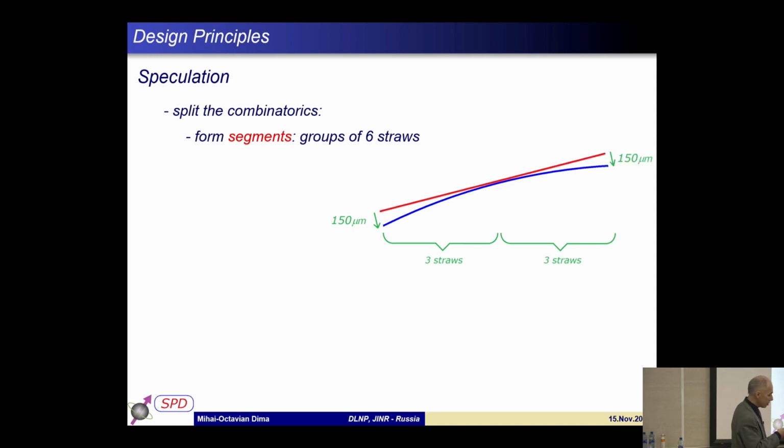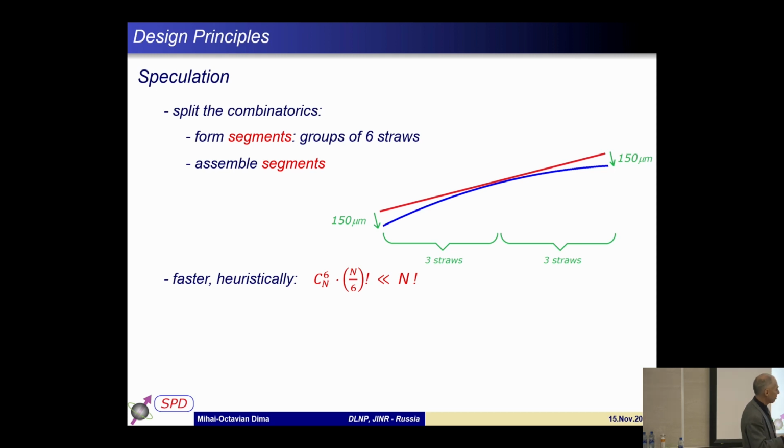It's possible to do this because our resolution is about 130 microns. If you look at 6 straws, that means 3 here and 3 here, and you take a line versus a curved track, it's indiscernible within our resolution. Actually, the fitted line goes through the middle of this segment, and it's 75 with 75. You can actually afford 8 straws, 4 plus 4, because it goes quadratically. And then, as I said, assemble the segments.